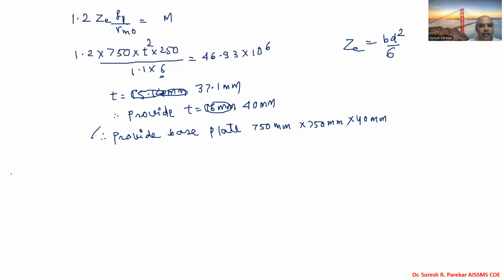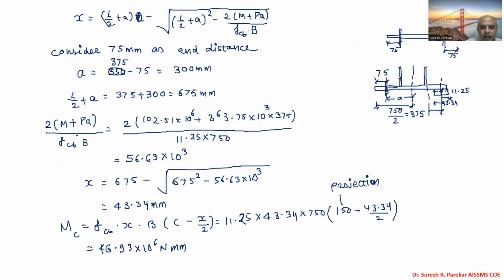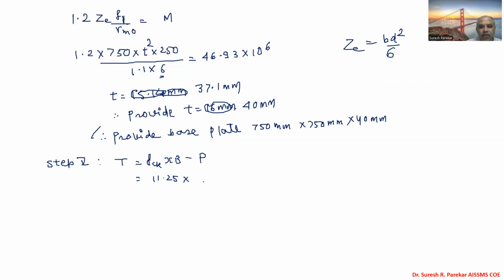And then go to the last step, that is step 5. So we have T that is equal to FCB X B minus P, and we have this as 11.25 multiplied by 43.34 into 750.